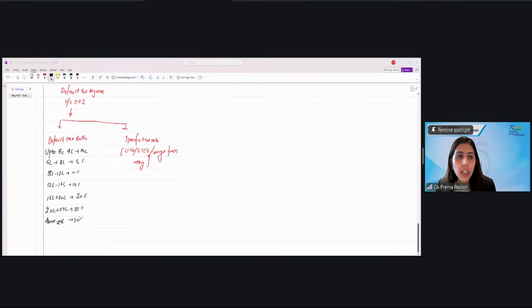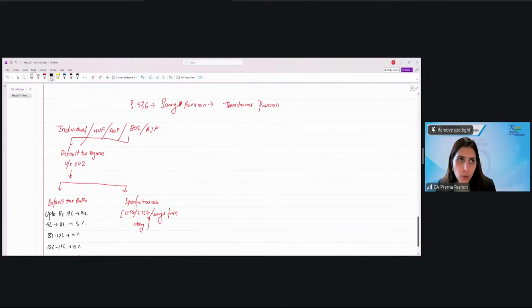So basically, my default tax regime will be 202, but if I want to opt out, I can claim the old tax regime. Now, this old tax regime is not given under the Income Tax Act. This is notified through the Finance Act.